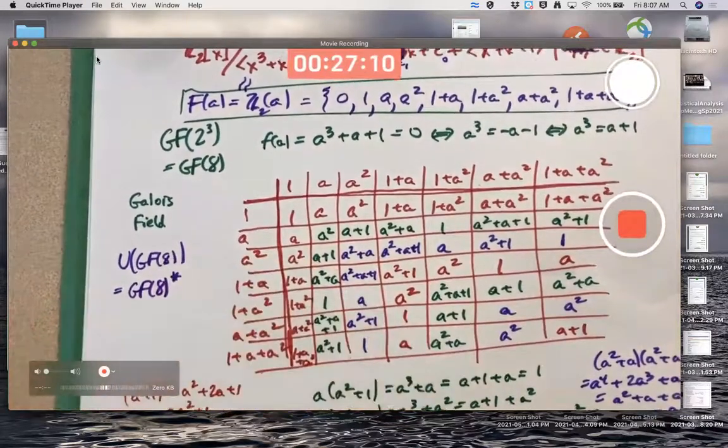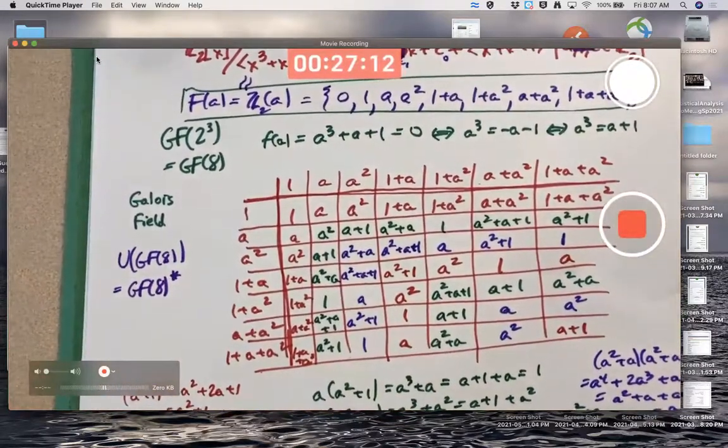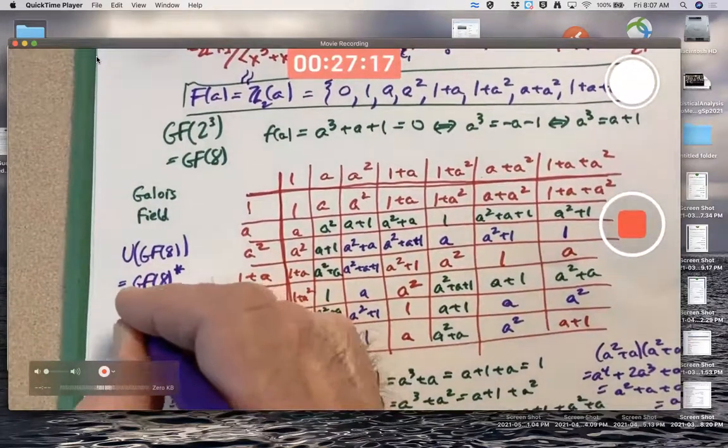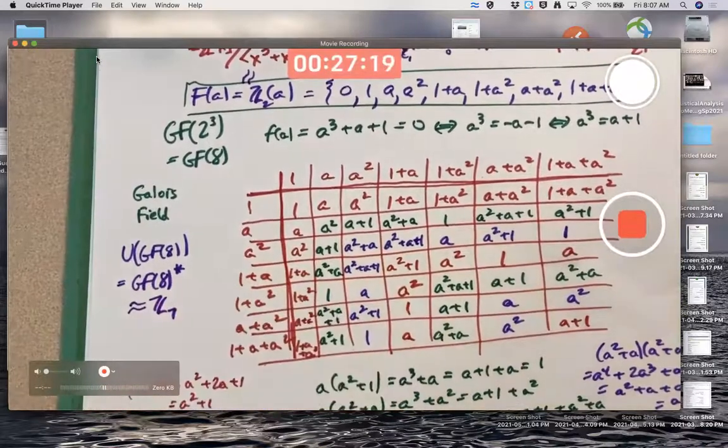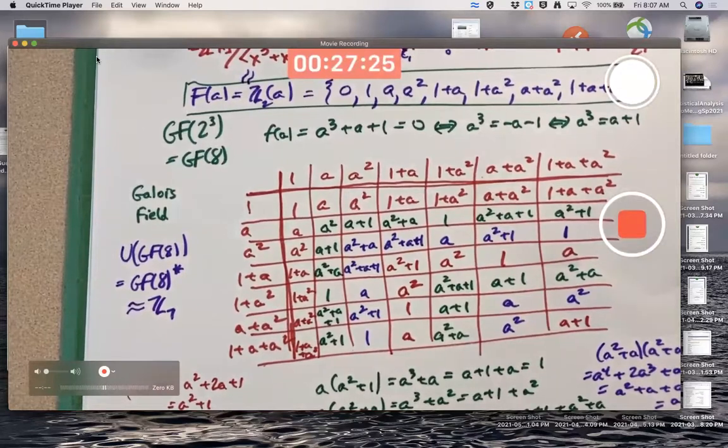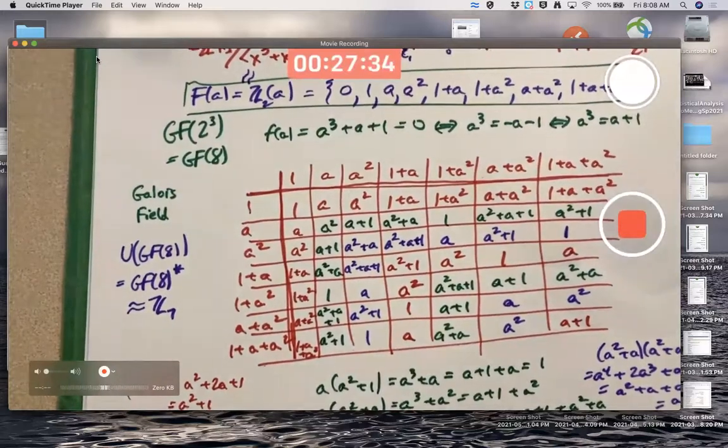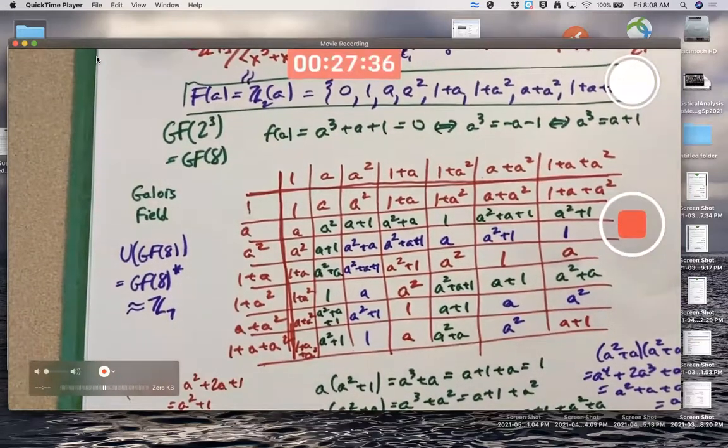That also means the group of units, the non-zero elements, is isomorphic to Z7. It's cyclic of order 7. In fact, this is going to generalize. Any finite field, it turns out, will have an order equal to a power of a prime.